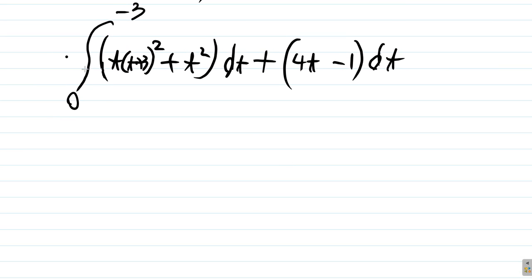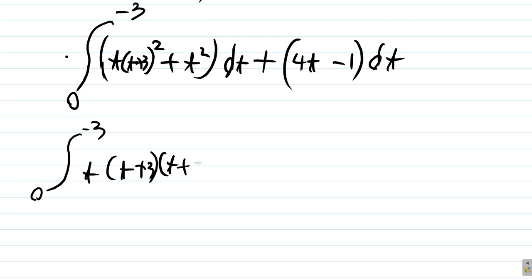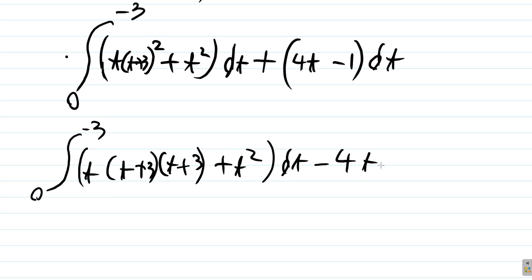But anyway, let's continue. This is the integral from 0 to negative 3 of t times (t plus 3) squared, which is t plus 3 by t plus 3, plus t squared dt minus 4t plus 4t minus 1 dt.